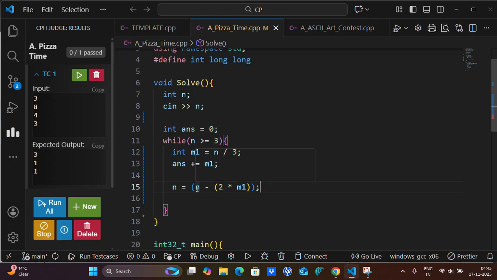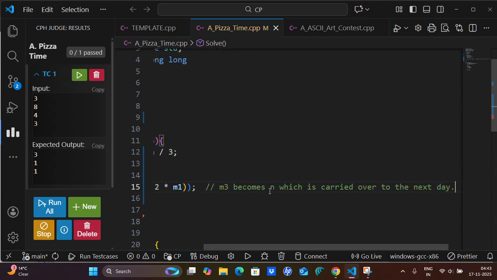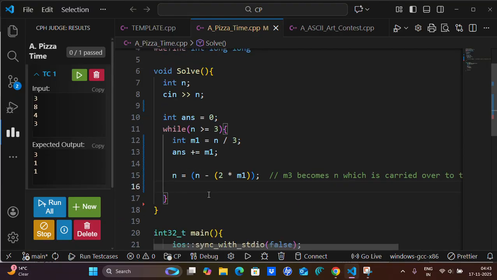So I am simply dividing the total number of pizza slices minus 2 into m1, which is m1 plus m2. So this will give me m3, and this m3 becomes n, which is carried over to the next day, right? That's why my n now becomes this m3.